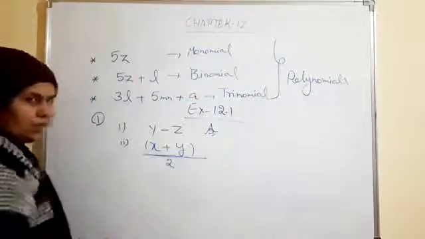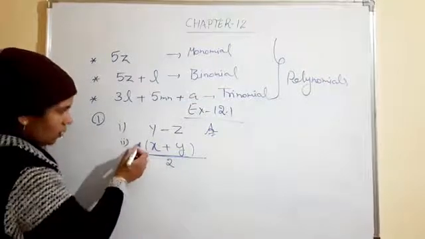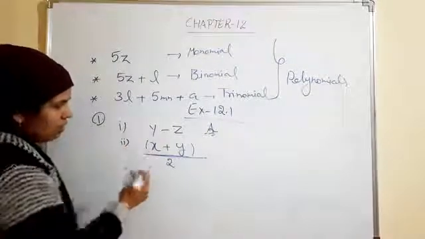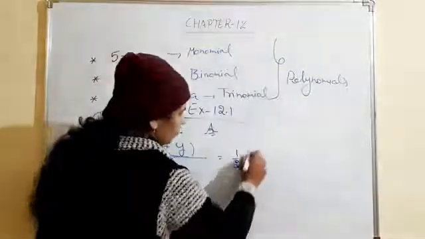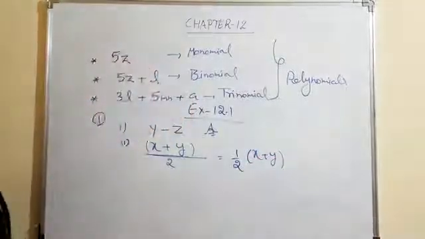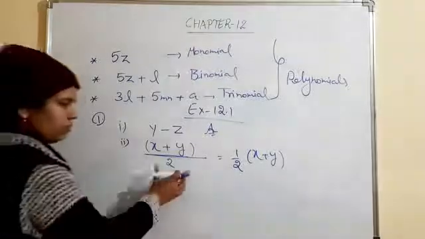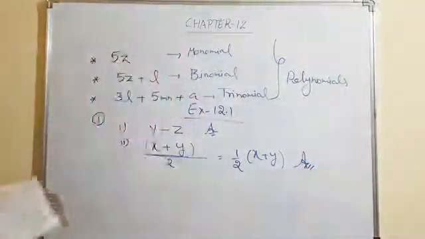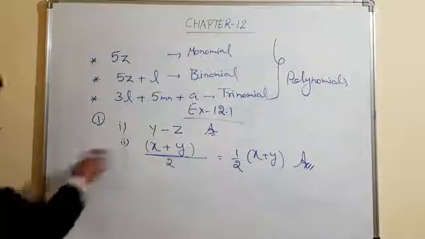Why are we not writing 1 here? Because 1 by 2 has ultimately the same value. If you want to write it this way, the value will be the same for both expressions. Whichever you write, both answers will be correct. Rest of the examples you will try.